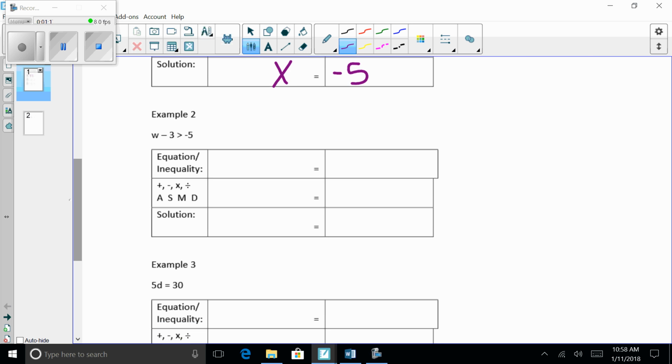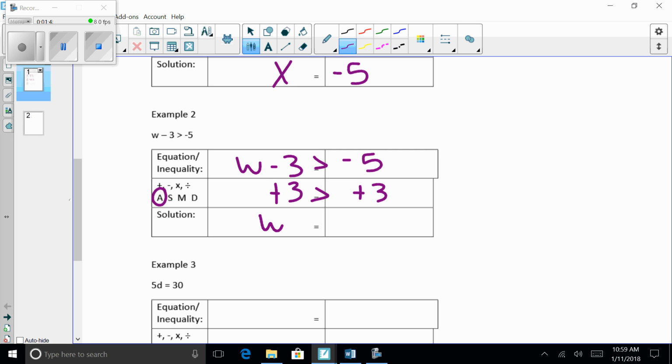Example 2, now we have an inequality. So when I write it in my box, w minus 3, over the equal signs, I'm just going to write my inequality symbols. I'm going to leave the last one blank to make sure we don't have to flip it. Let me put my negative 5 on the other side. If I have a w minus 3, the opposite of subtraction is going to be addition, so I circle my A. I'm going to add 3 to each side.